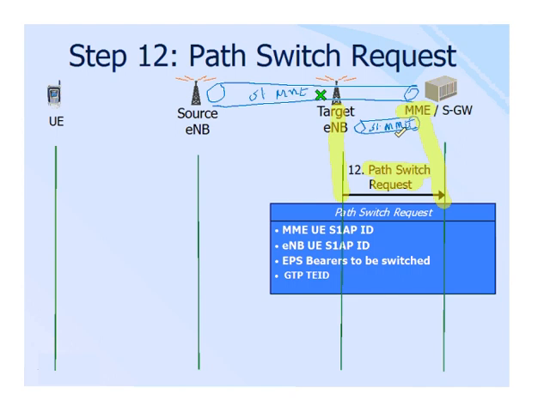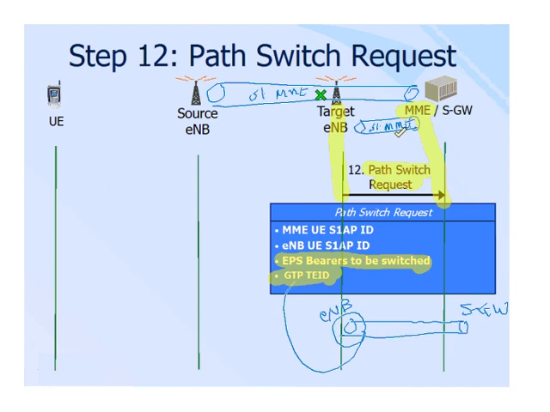For that, it will provide all the bearers that need to be switched and the tunnel endpoints, because we have here SGW and eNode B. So we need to provide our side of the tunnel so that SGW can forward the packets to this tunnel rather than the old tunnel.